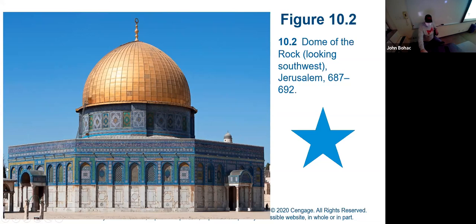And so it kind of has a floor plan something like Christian architecture of the time. The dome, that's a Roman invention. But I will say this, and you got to keep this in mind: it looks different than all of those other cultures that I just mentioned.